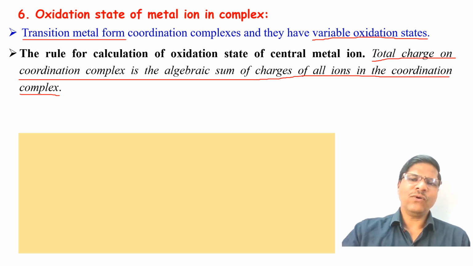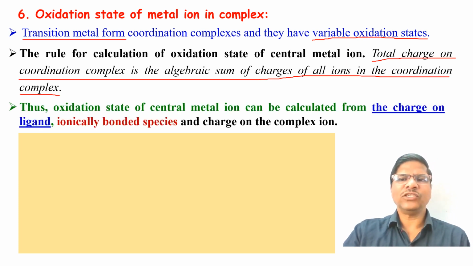Okay, so what we know in this case again, we know the charge on the ligand. Ligands are known, and in the earlier slide I have already explained that ligands have their fixed charges. They may be neutral, negative, or positive.